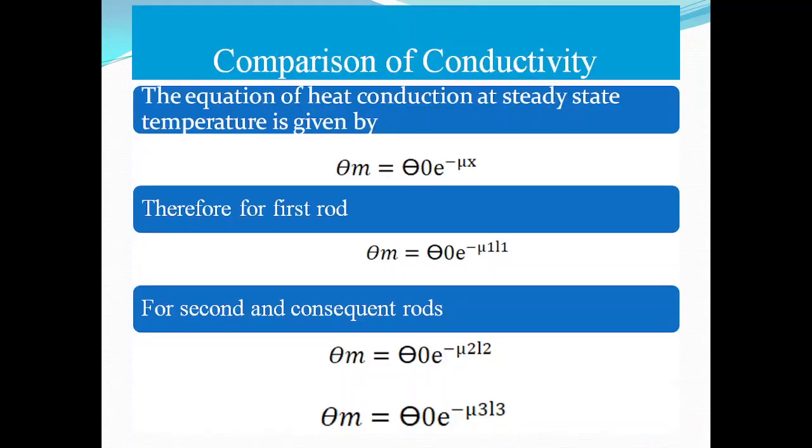In these equations you may be observing that theta 0 is also common, so it gets cancelled from all the equations, and we can write e raised to minus mu 1 L1 equal to e raised to minus mu 2 L2 equal to e raised to minus mu 3 L3. Okay, this we can write from the above equations.